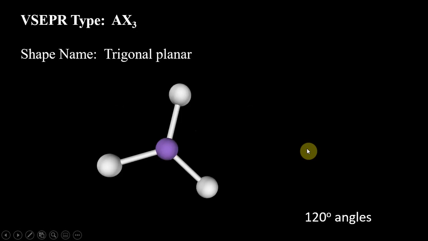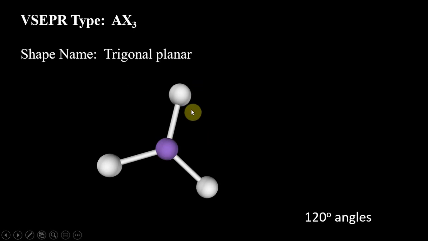Then we go to AX3. This is a trigonal planar conformation. Bond angles are 120 degrees apart from each other. BF3 is an example of this one.